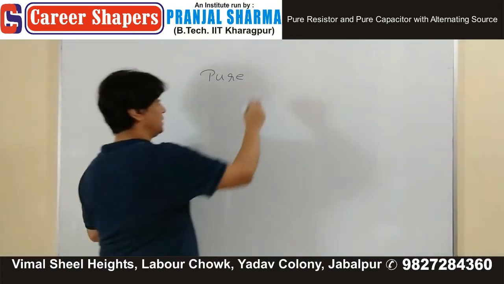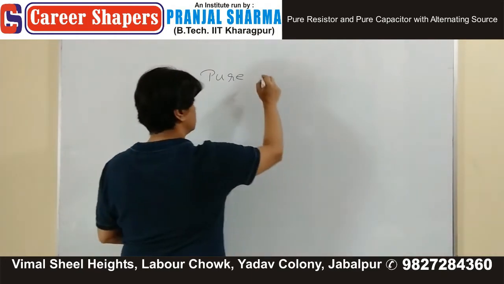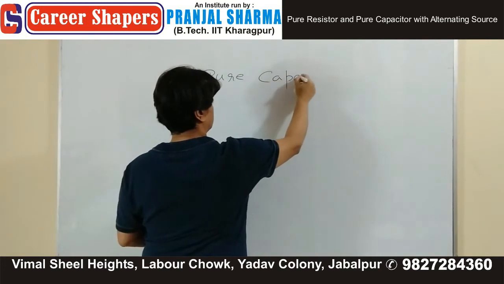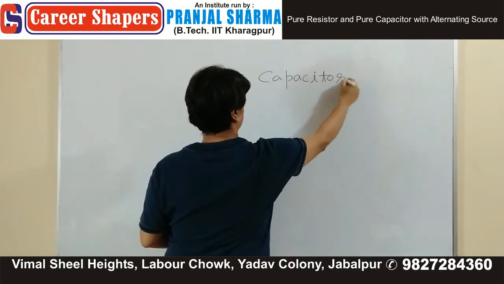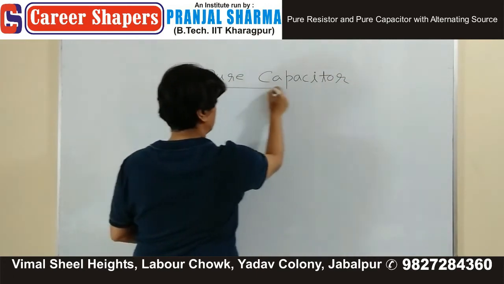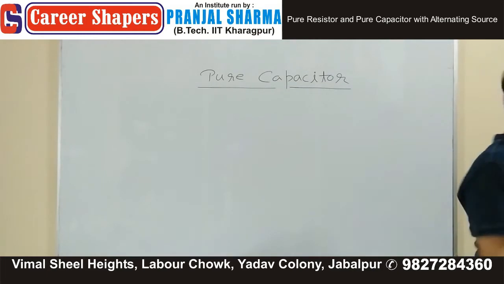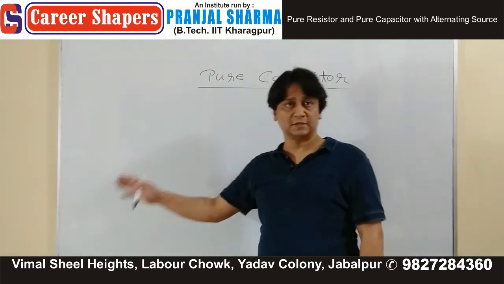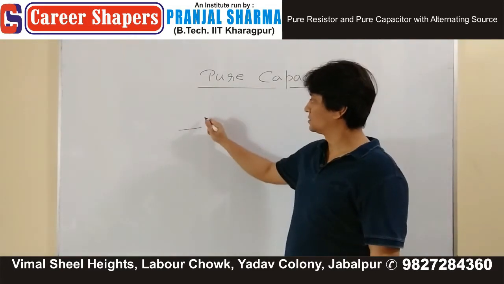Write down the heading, pure capacitor in an alternating circuit. Pure capacitor. Pure means there is no resistance at all. So this is how a circuit looks.